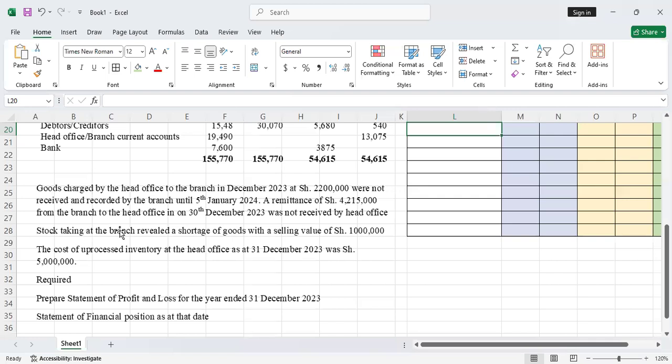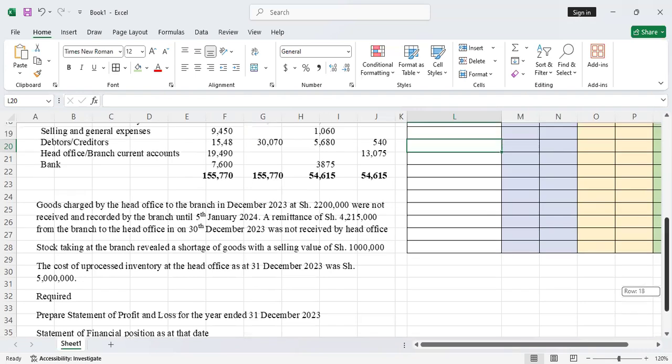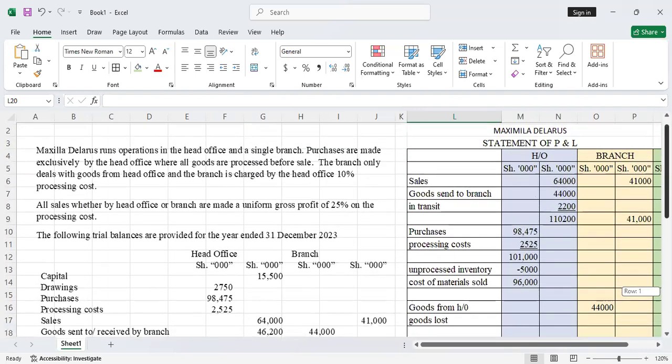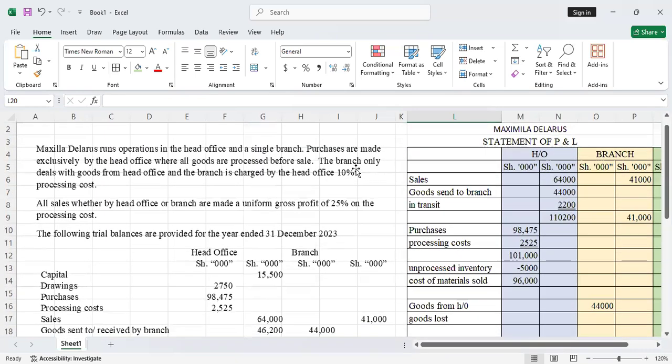Stock taking at the branch revealed that goods with a selling price of 1,000 were lost. Now, let us deal with the percentages here. All sales, whether by head office or by branch, are made at a uniform gross profit of 25% on the processing cost.